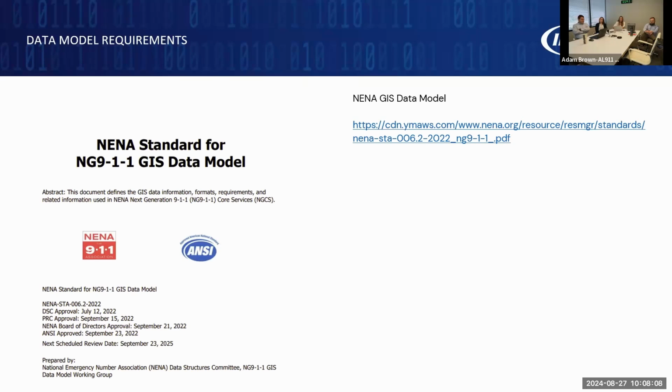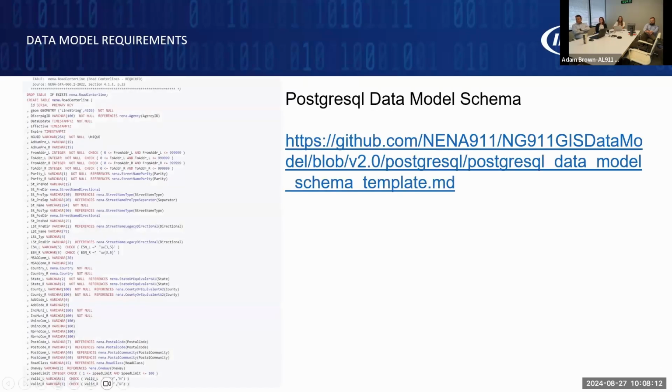We are also looking at the Postgres SQL data model schema, and this will tell you which fields can be null, which fields can be empty. Again, those are most likely the required fields.